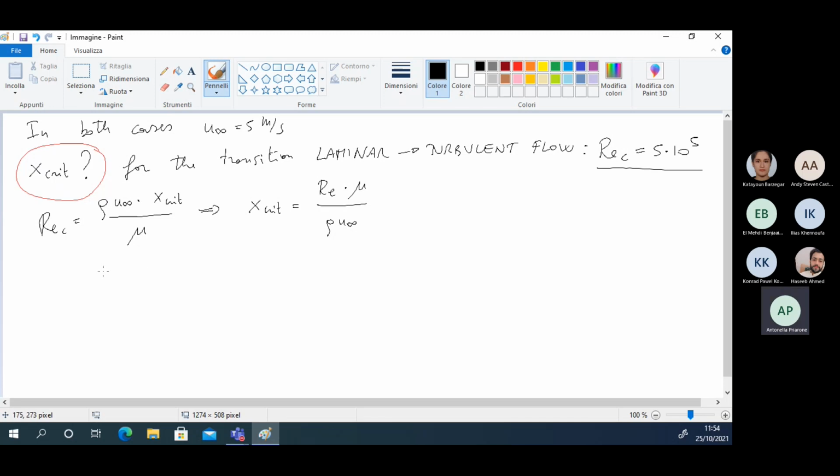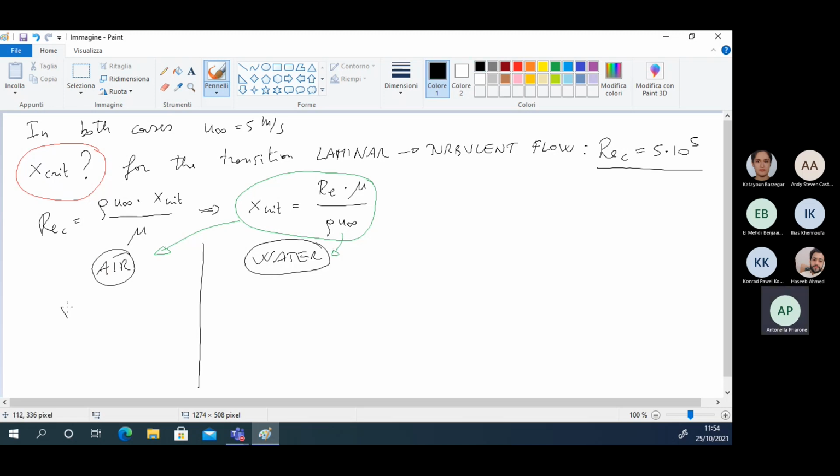Now I have to calculate this for air and for water.